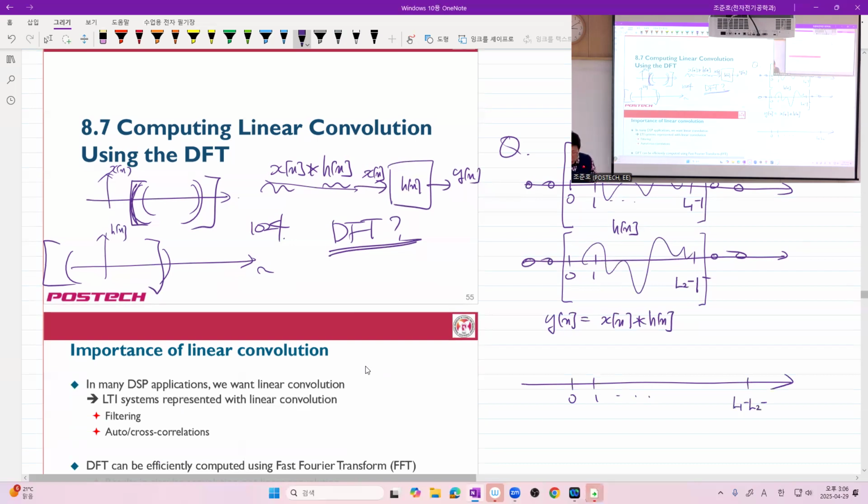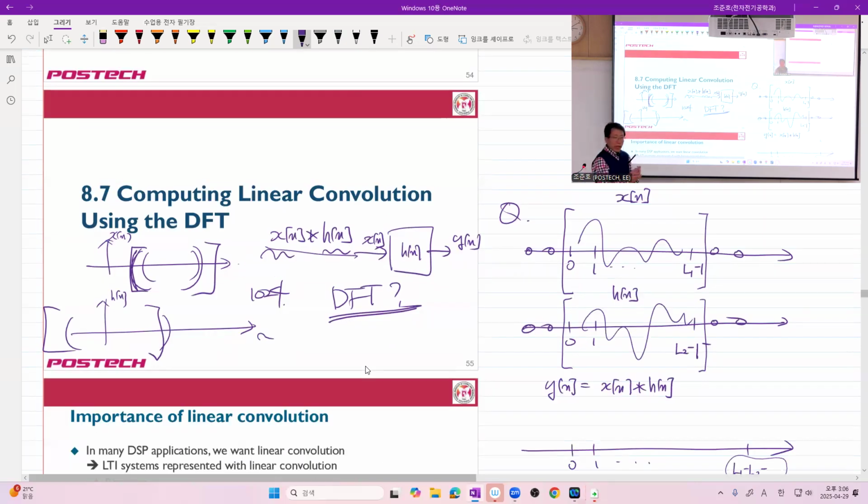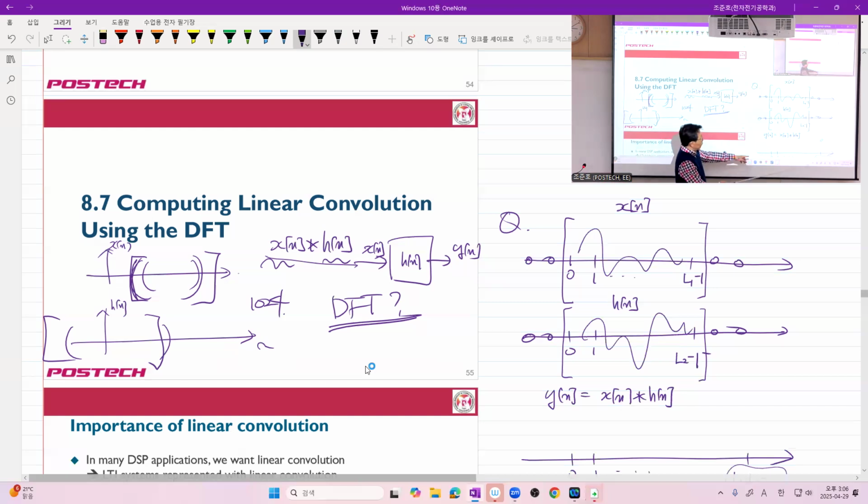By the way, what is the length, the maximum possible non-zero location here? You've seen in the homework already, right? And the simplest way to memorize is this one. Consider an extreme example where x is delta of n and h is also delta of n.